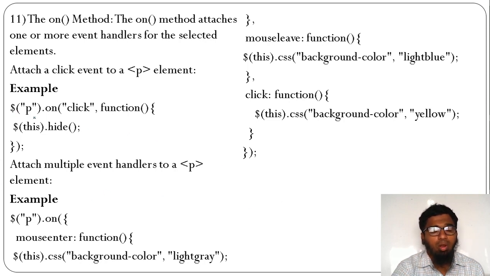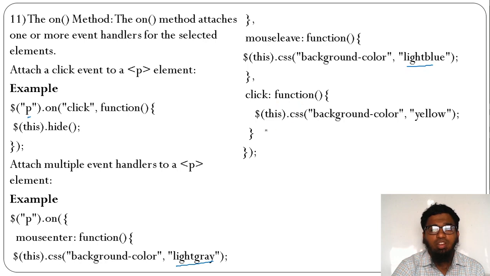For example, $(p), where p is a selector, .on(click, function) to hide. This attaches multiple event handlers to a P, so now you can attach more event handlers to the P. Next example, $(p).on(mouseenter, function(){ $(this).css(background-color, lightgray) }). Then mouseleave, function, $(this).css(background-color, lightblue). When the mouse enters, the color will be light gray, and after leaving, the color will be light blue.